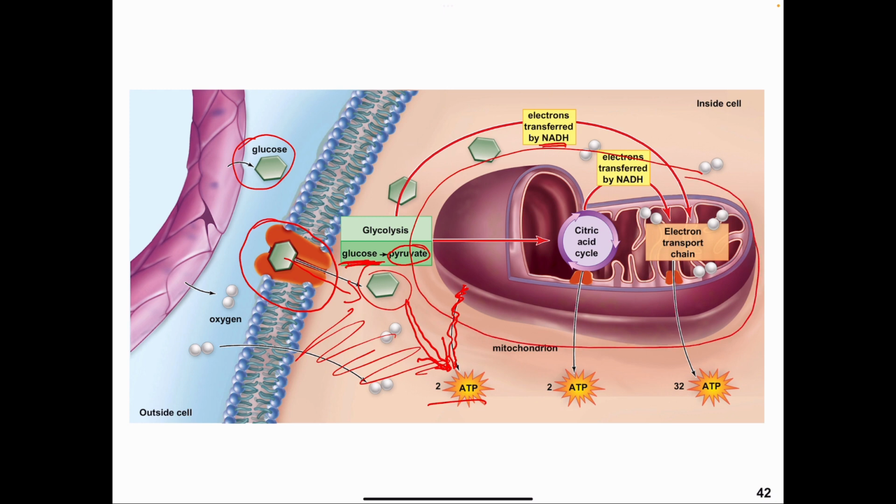Now, let's go into the mitochondrion. In the mitochondrion, the byproduct of glycolysis, so pyruvate, is going to be broken down and go into the citric acid cycle. In that cycle, we have many NADH that are going to be produced, but besides NADH, there is another guy that I want you to remember. It's FADH2.